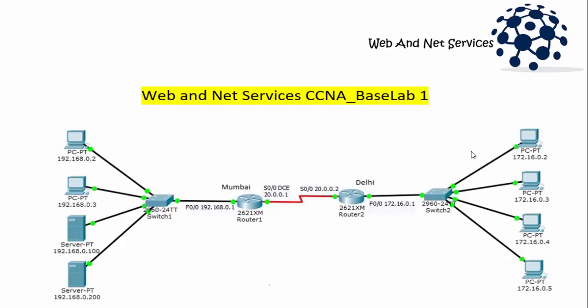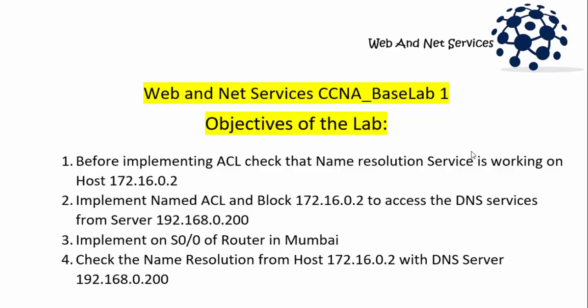So in this lab, let's see our objective, what we have to do. The very first thing is, before implementing ACL, check that the name resolution service is working on your host 172.168.1.6.0.2.